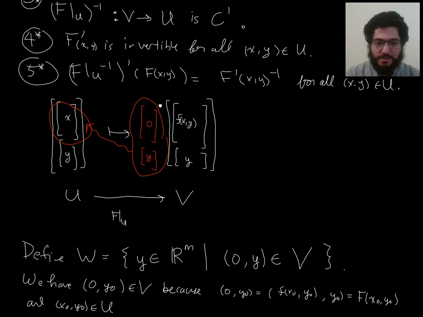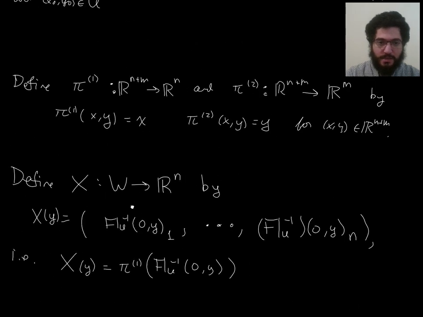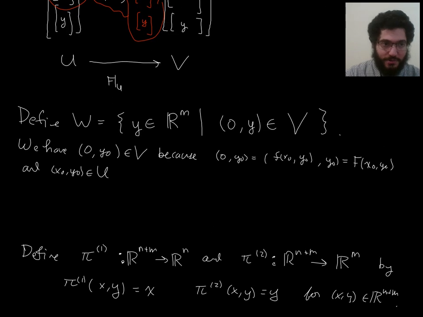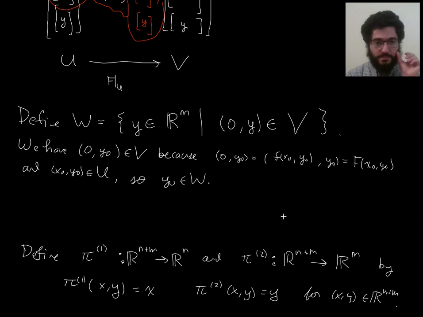U is a neighborhood of x naught, y naught. So y naught must be in W. Okay, good.